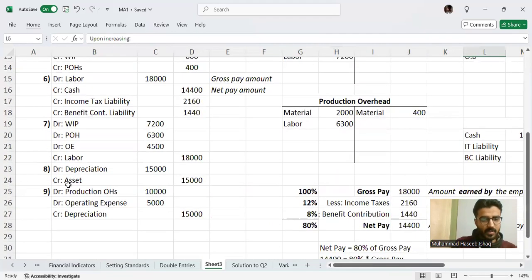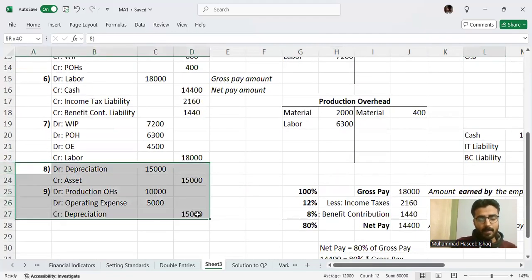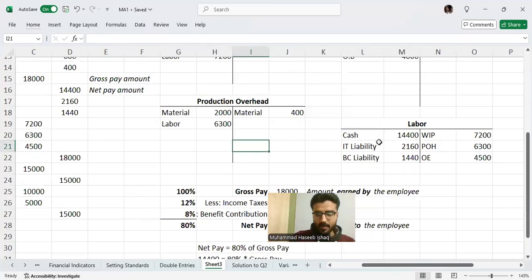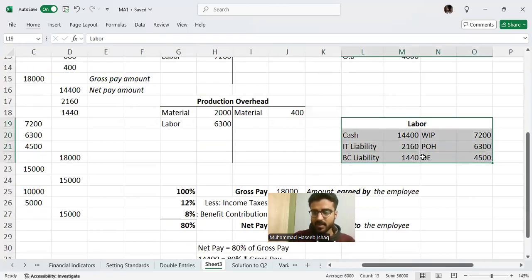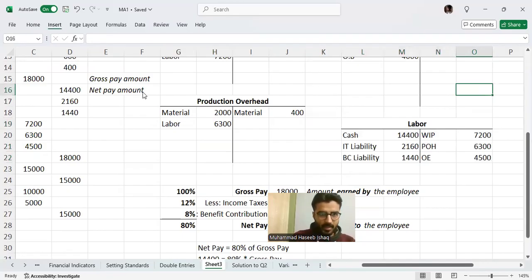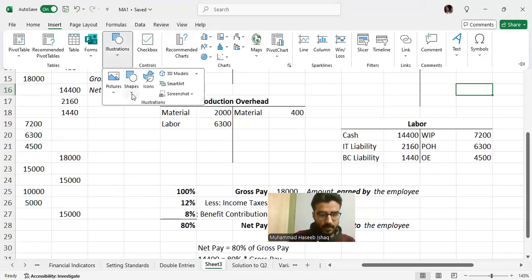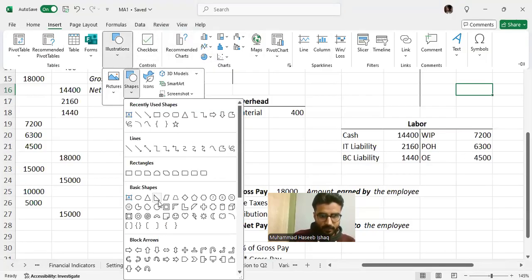So now let's put these transactions into the T accounts. Depreciation, we are going to create an account for depreciation. This labor account was cancelled, so we can mark it with a cross. So let's add a cross here. I think it is from Shapes. Cross, cross, cross.